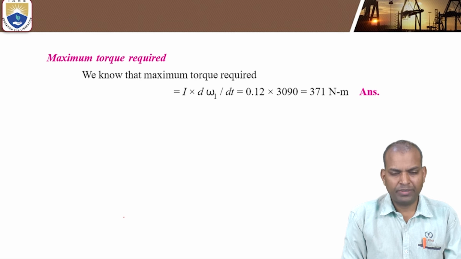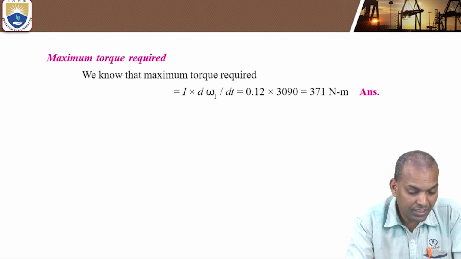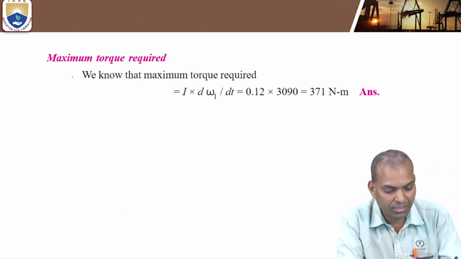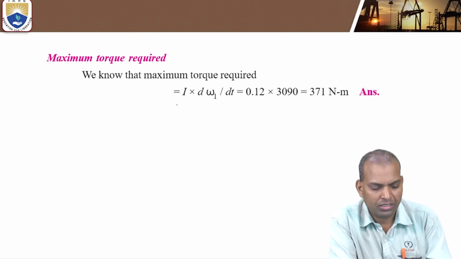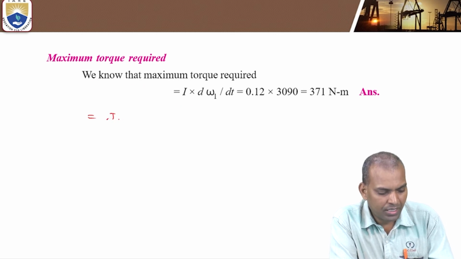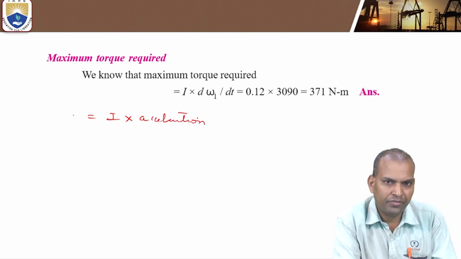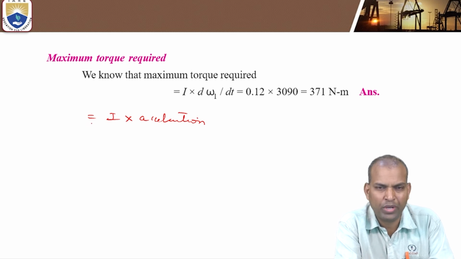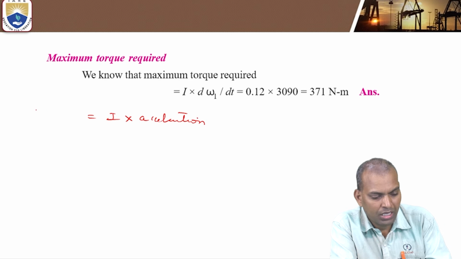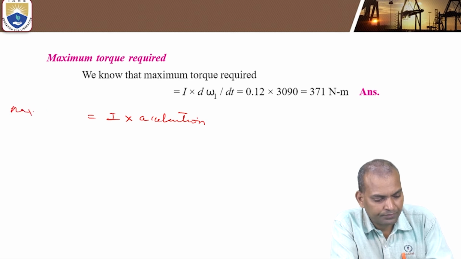Now, what is the maximum torque required? We know the maximum torque is I times acceleration. I am not using Iα, because I already used the notation α for the angle of inclination between the axes of the driving and driven shafts.